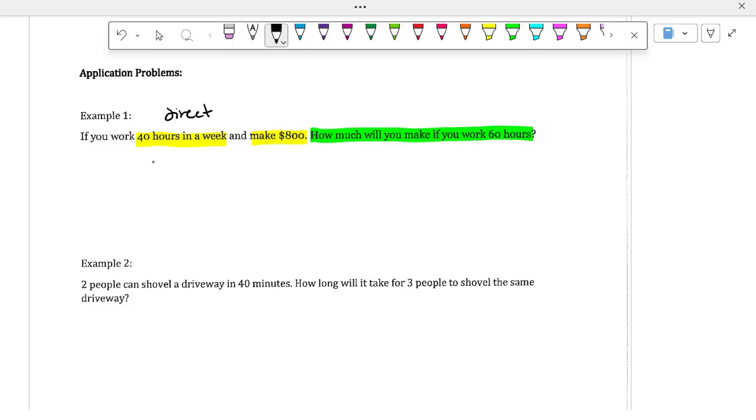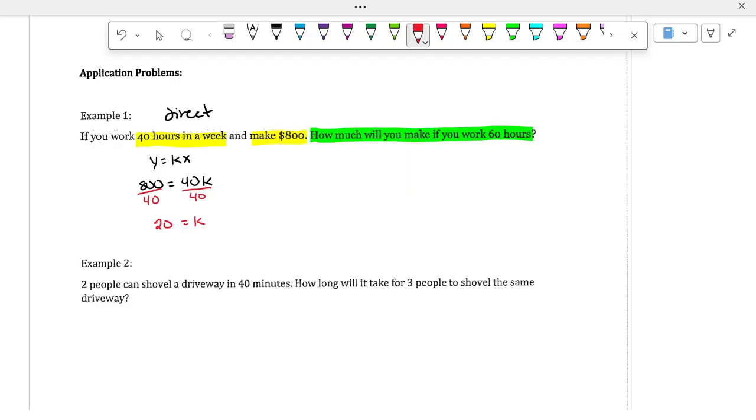So we have y is equal to kx. The amount of money that you make is your y. And then you got 40 times k, where if you think about it, k in this case is how much you make an hour. All right. So if I divide by 40 on both sides, what's k equal to? 20.